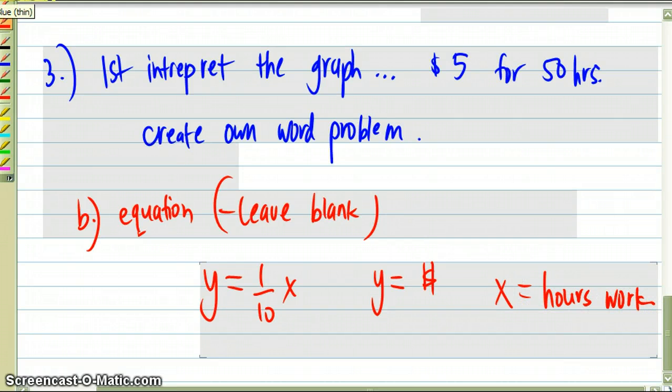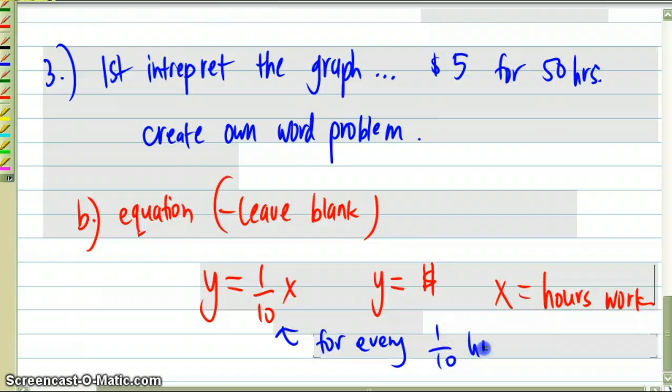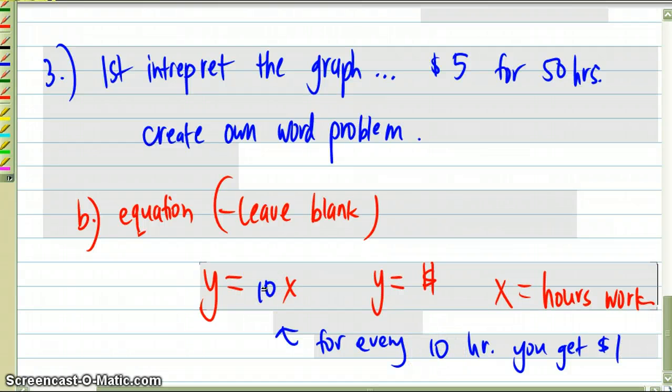So this means that for every 1/10 of an hour, you get $1. Oh no, 10 hours. So it was 10. I'm sorry. So 10 times x.